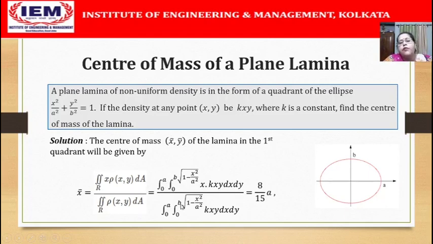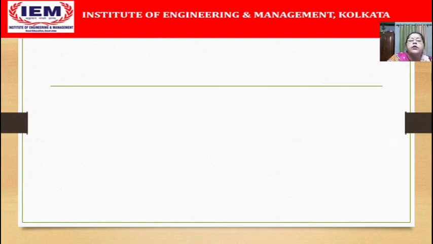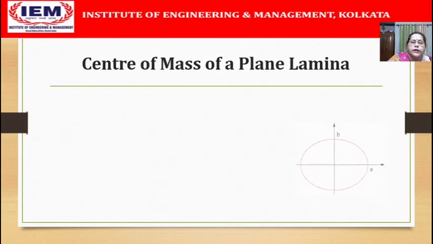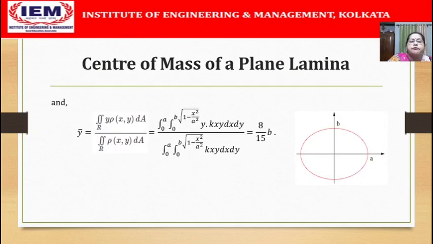So far we have seen several problems and how to evaluate double integrals, so this will be your homework. If you do these calculations, you are going to get the answer as 8 by 15a.